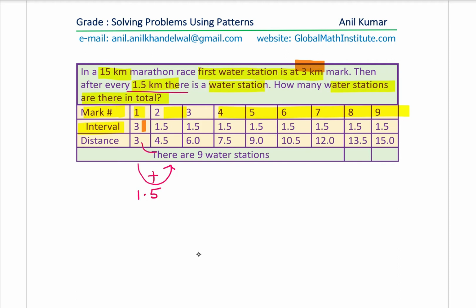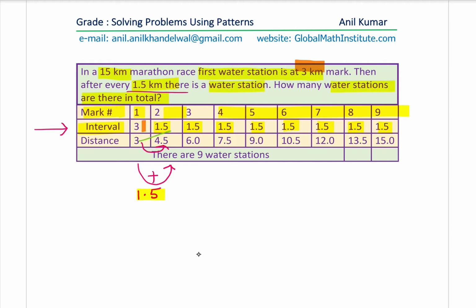So on 3, I will add 1.5 to get the next term, and that makes it 4.5, correct? For convenience, I have added intervals here where I've written the numbers to be added. It is 1.5 which is going to be added each time to the previous term, correct? So for this number 1.5, I have an additional row which helps to figure this out. And now I can do the addition.